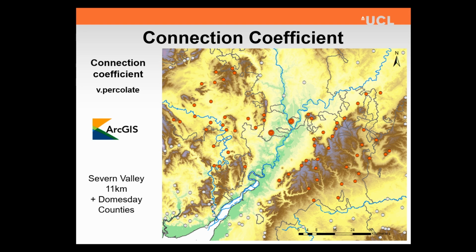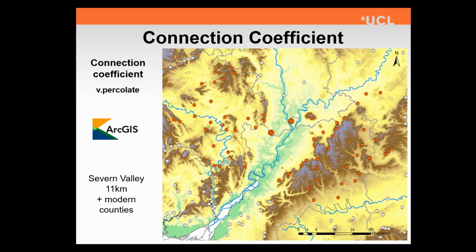If we then put on the Domesday county boundaries, quite complicated, reflecting land ownership patterns at the time, we see that this county boundary here actually includes that site. These are in two separate counties, and that is 1,000 years ago. If we look at modern county boundaries, we see that that site is still included in a distinct county.